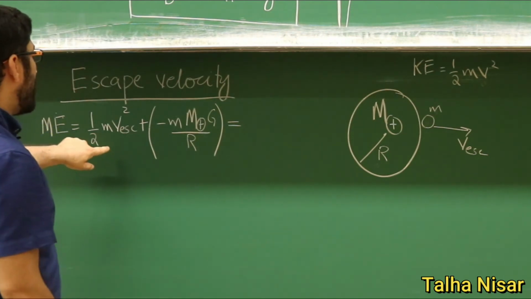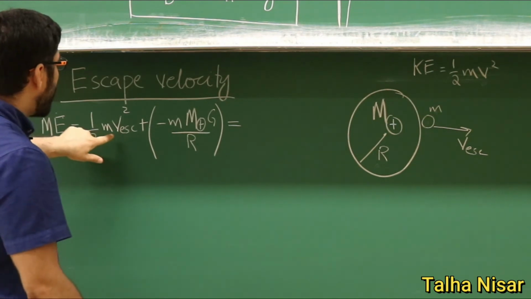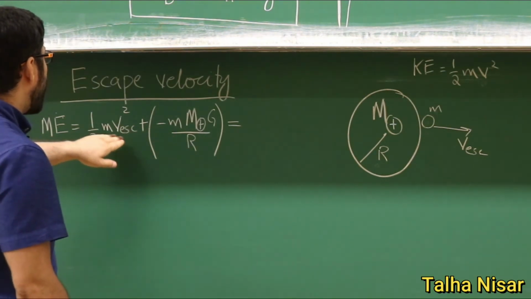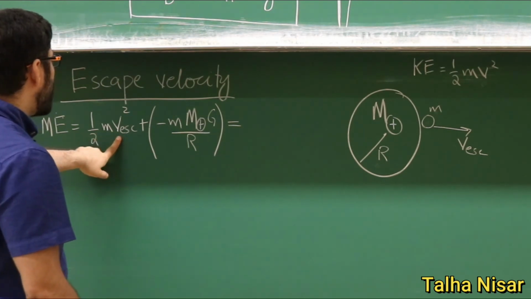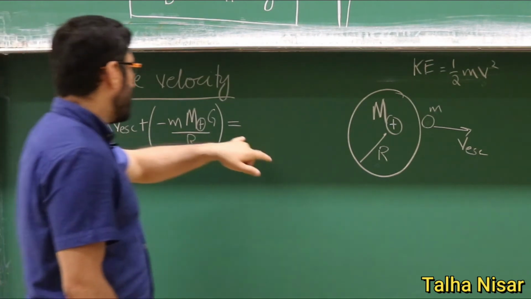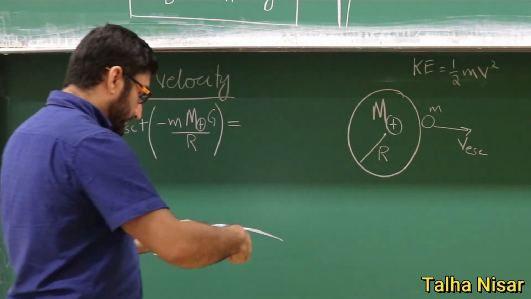So this is the mechanical energy. As we discussed, it's the sum of the kinetic energy and the potential energy. So we have the kinetic energy with the initial velocity, which is not zero, and on the surface of the earth, in the beginning, we have the potential energy here.